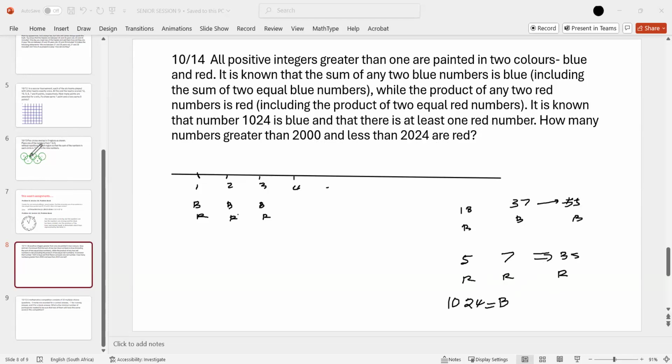This looks like a very hard problem. When you see the solution, you see how beautiful it is. All right, so let's have a look at this now. The starting point is knowing that the sum of any 2 blue numbers is blue.